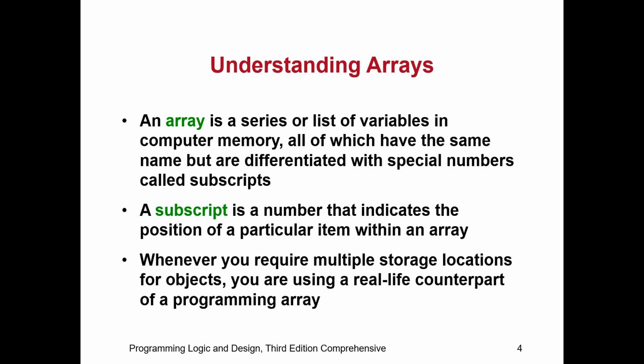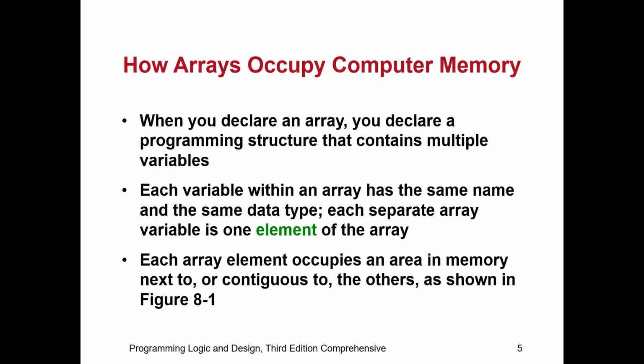how do we declare the arrays? Whenever you require multiple storage locations for objects, you are using a real-life counterpart of the programming array. When you declare an array, you declare a programming structure that contains multiple variables. Each variable within an array has the same name and the same data type.